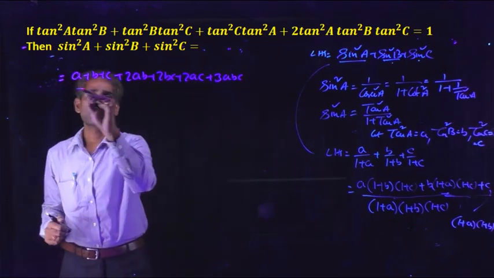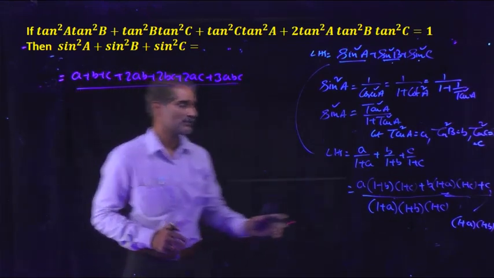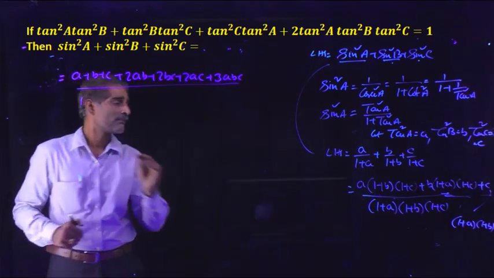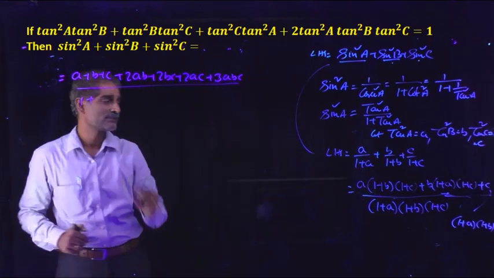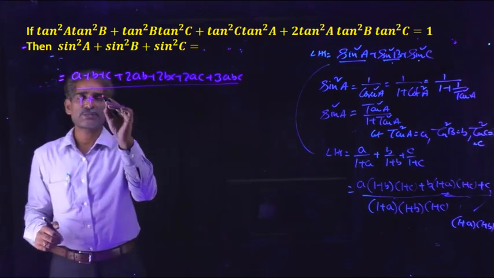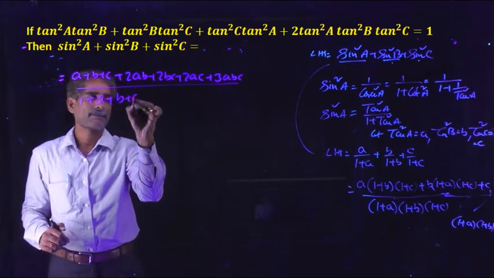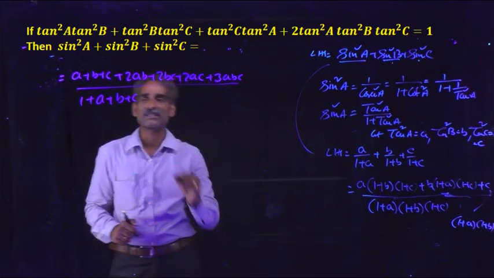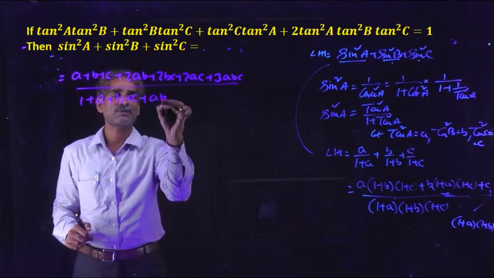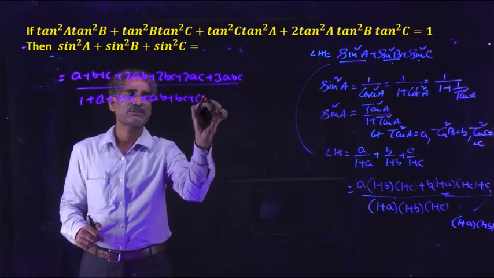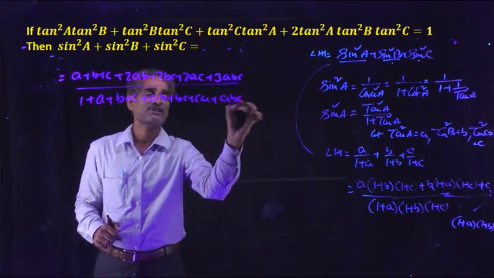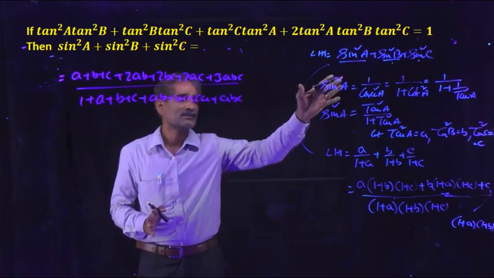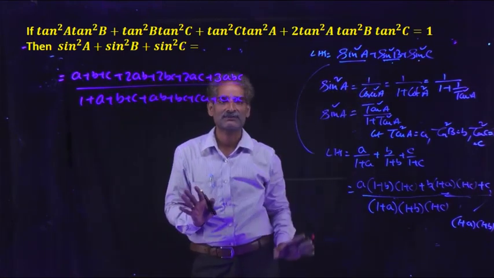Okay, so by multiplying these terms in the denominator, here also we will get 1 plus A plus B plus C plus AB plus BC plus CA plus ABC. This is the expression we got from this expression.